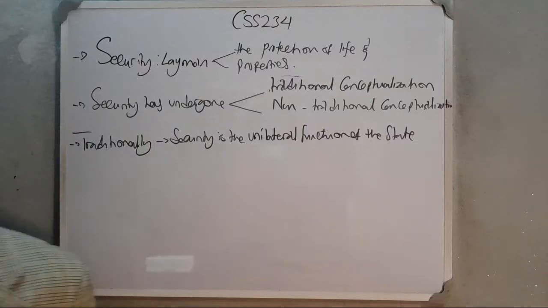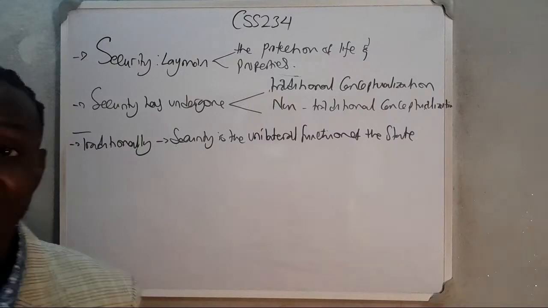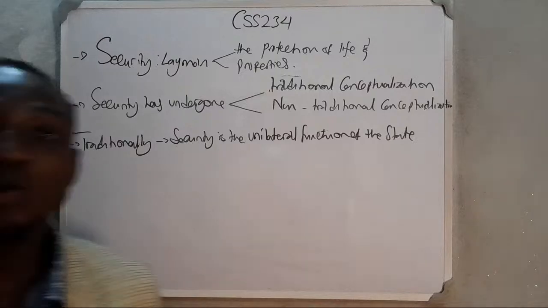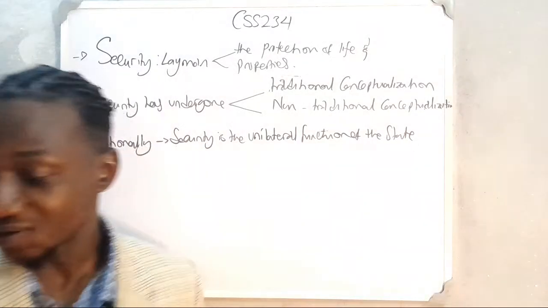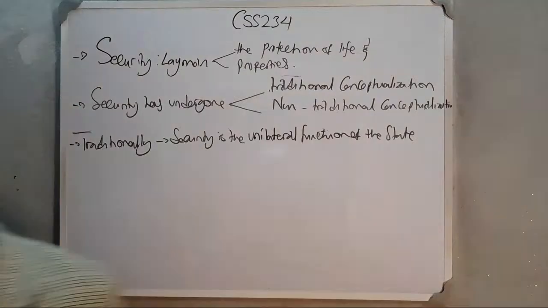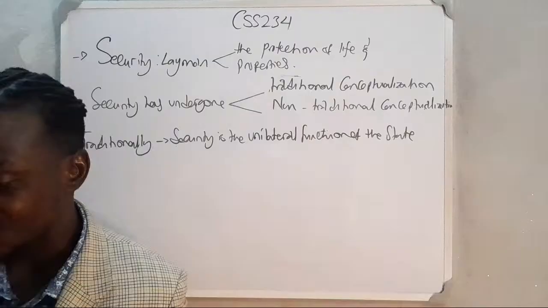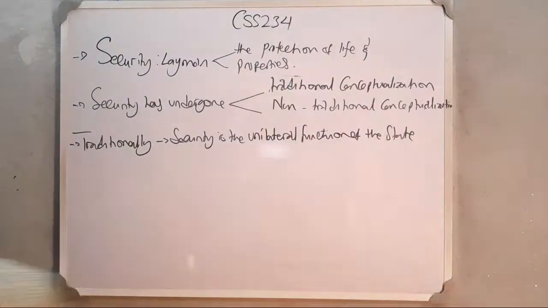Thomas Hobbes argued that the essence of the state, the reason why we have a government running the state, is because the state provides law and order, which are attained through security management.